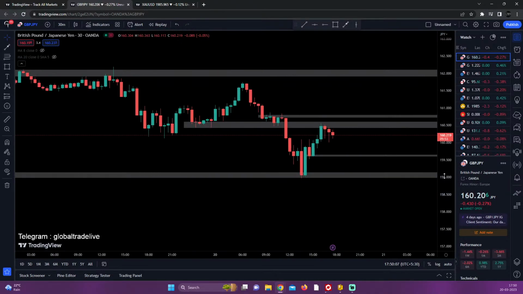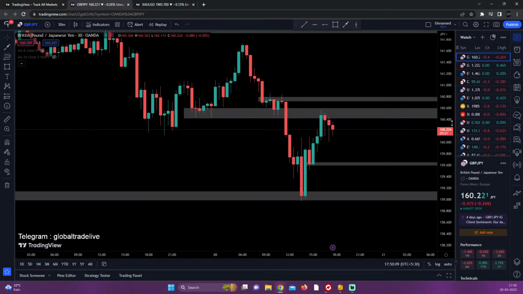I'm just going to wait for this candle to close, and after that we will be getting more information maybe about the market, like what it's going to do next, or whether it's just going to move like this only. So let's just wait and watch.